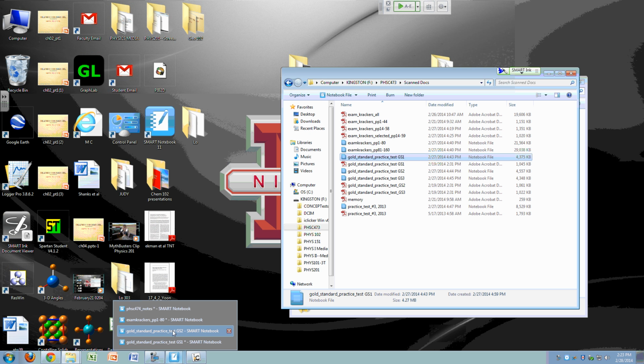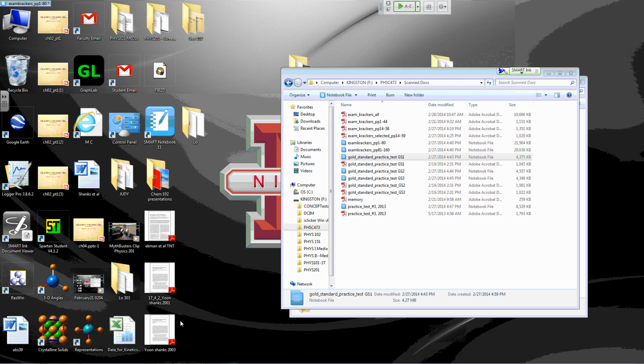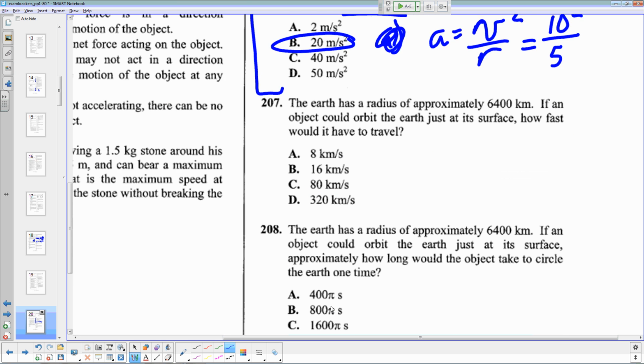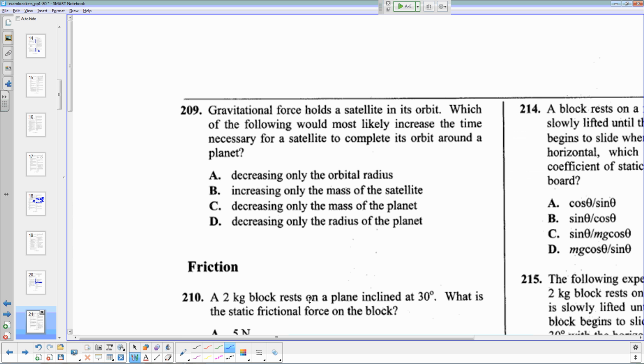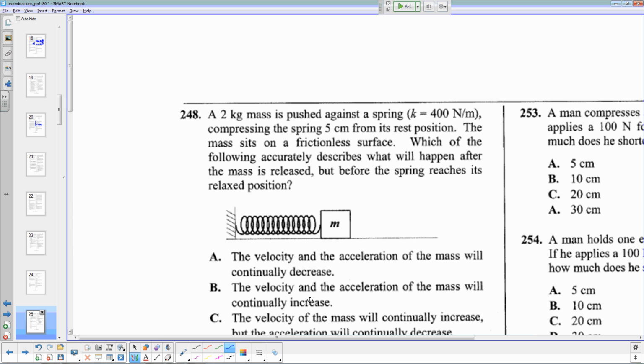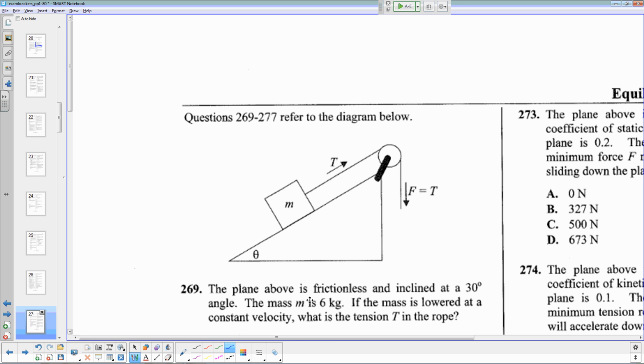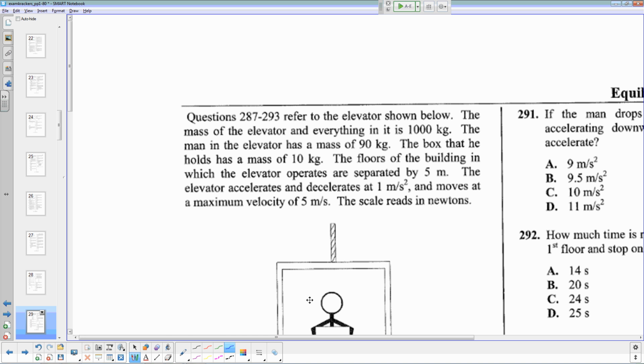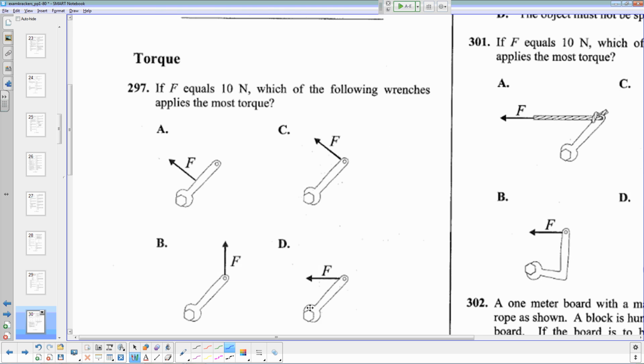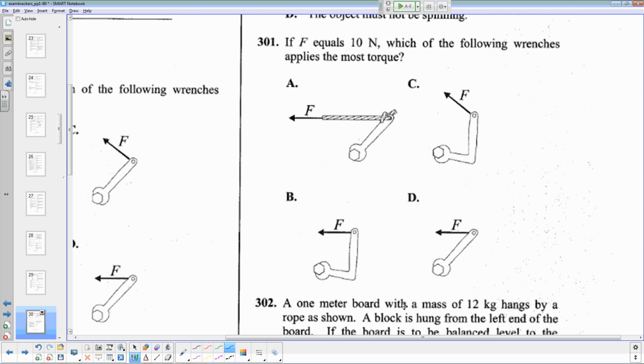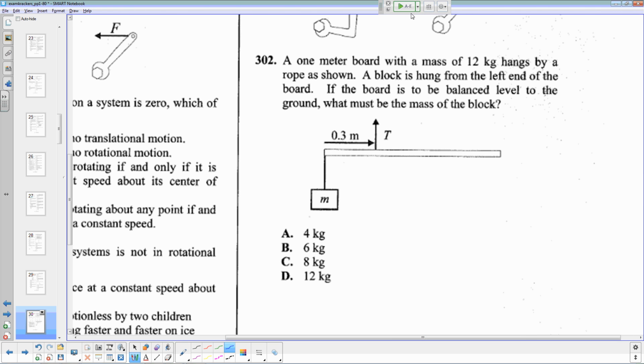Skipped over a lot of questions that we could have done for inclined planes. Are y'all okay moving on? You sure? Okay. Number 302. Let's try this one.